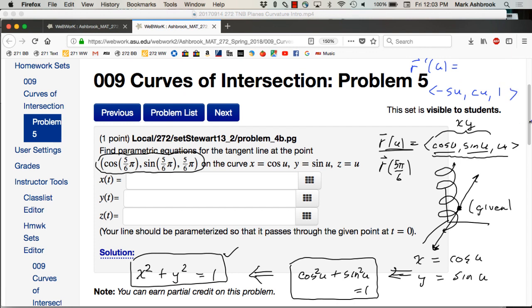Okay? So that's a function, right? Given any u, it gives us, say, right here, a vector. If you take the u that gives you that point and plug it into the derivative function, it'll give you that vector, right? And the magnitude of that vector is?